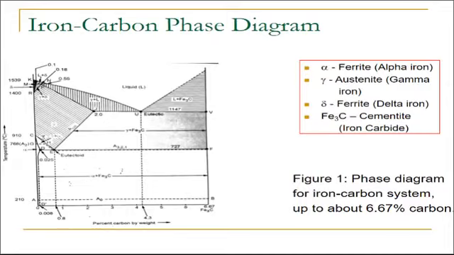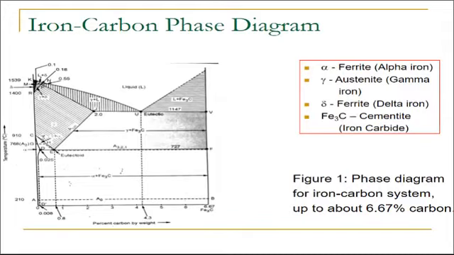Cementite is also called iron carbide. And from the figure, it is clear that the iron carbon system shows maximum solubility of carbon in iron as 6.67%.